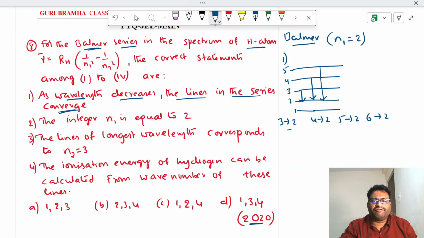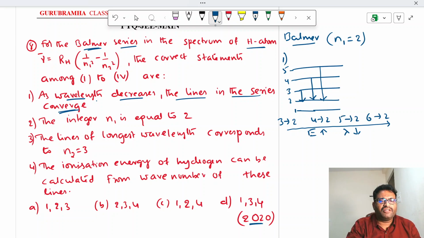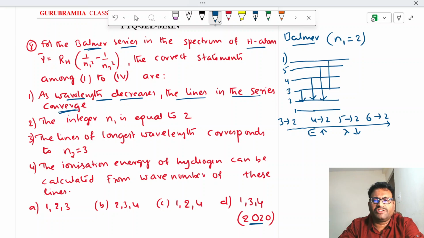So on moving from here to here, energy is increasing and wavelength is decreasing. When wavelength is decreasing, energy is increasing, but the difference of energies becomes very much less. 6 to 2 releases a spectral line, and 5 to 2 releases another spectral line.